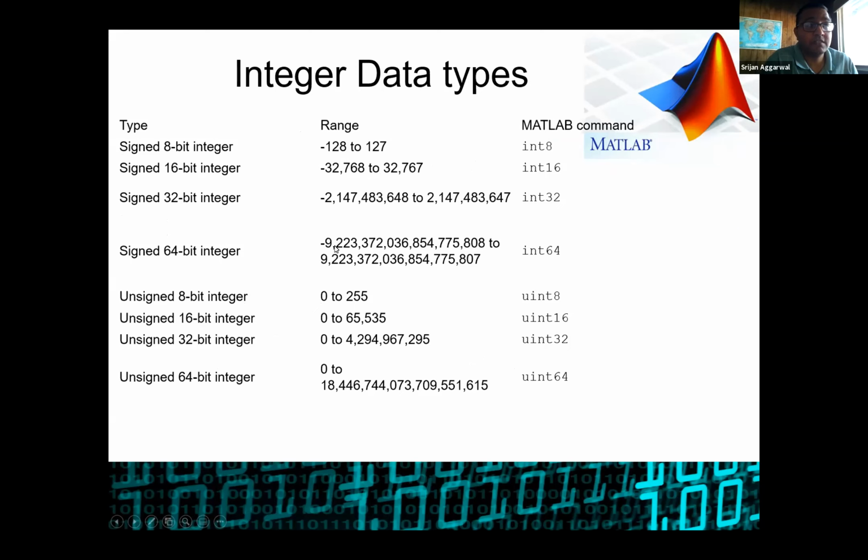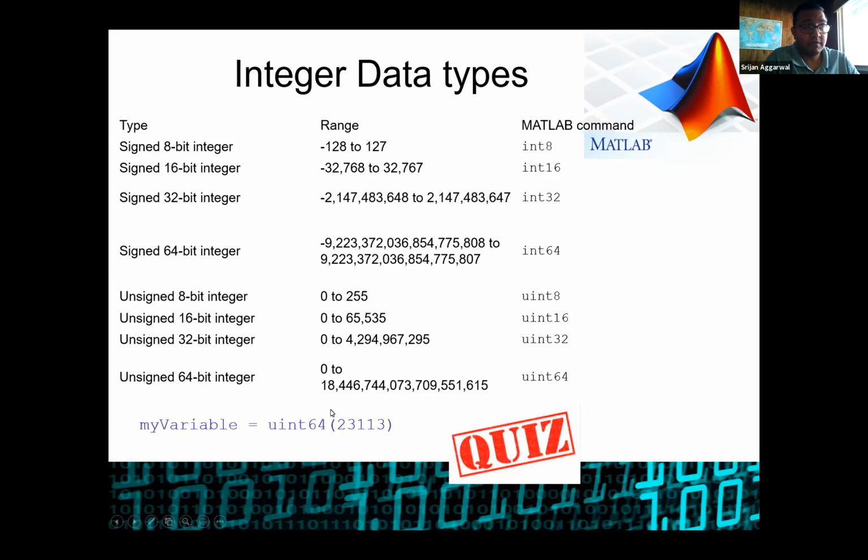That's the same for 64-bit integer. Similarly, unsigned would go from 0 to 255 and so forth. So if I define my variable as an unsigned integer 64, that would be valid.